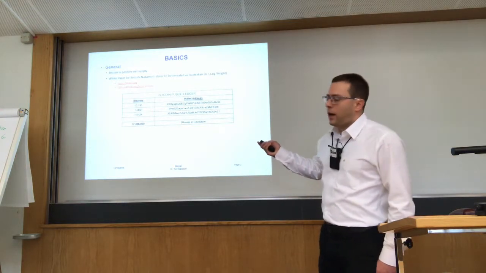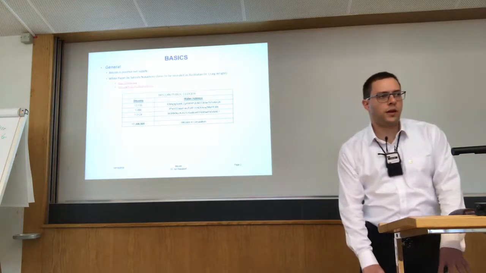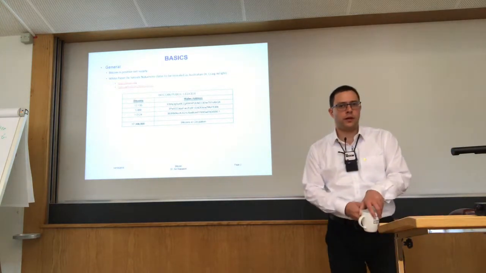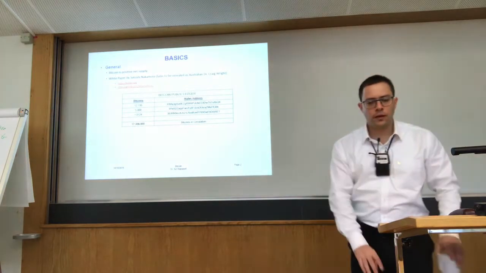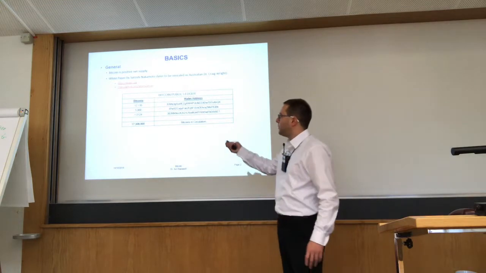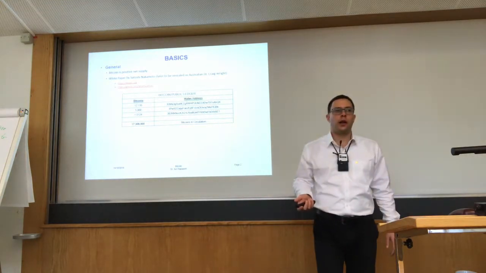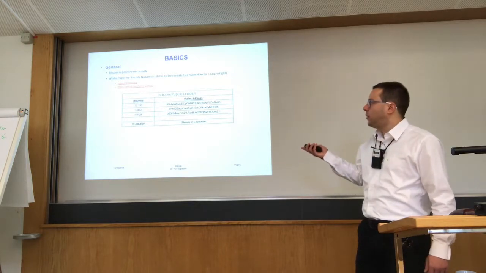Bitcoin is in positive net supply. Okay, that's important. It's just like gold. There's a certain amount of it out there circulating. And who has this finite amount of bitcoins, this information is kept on what they call a distributed public ledger.